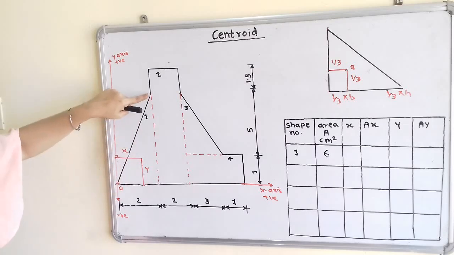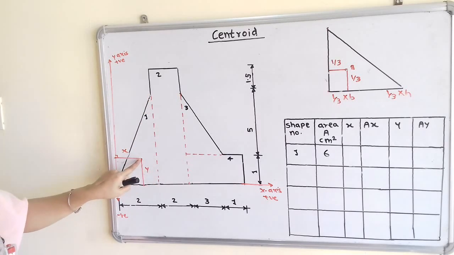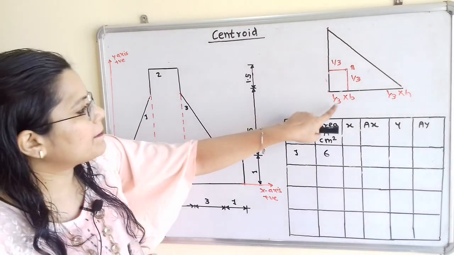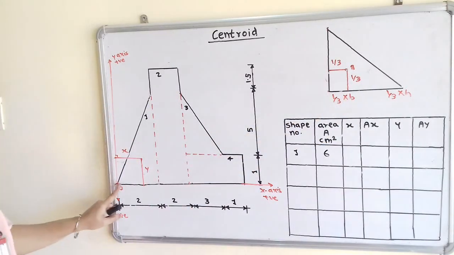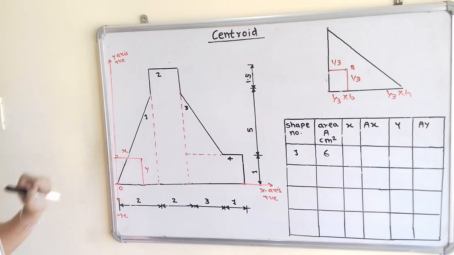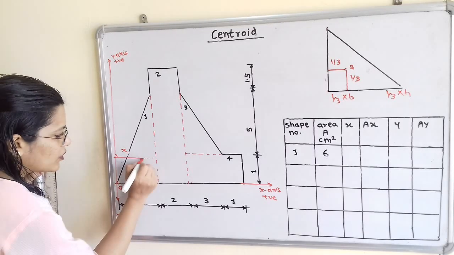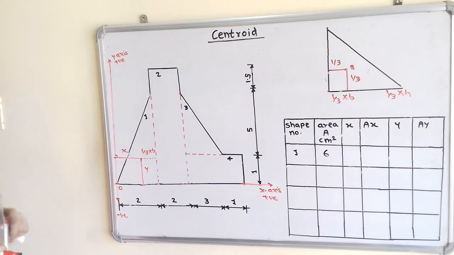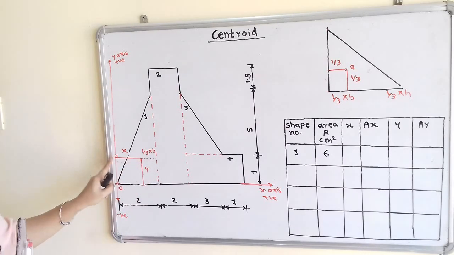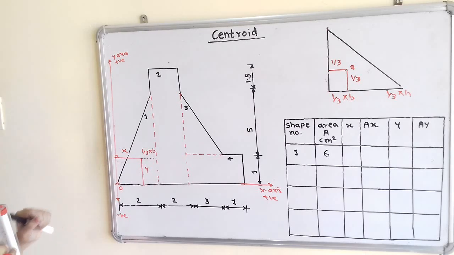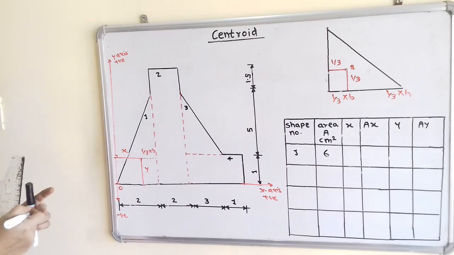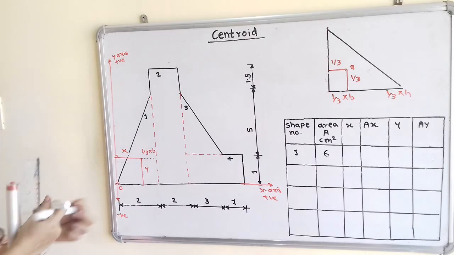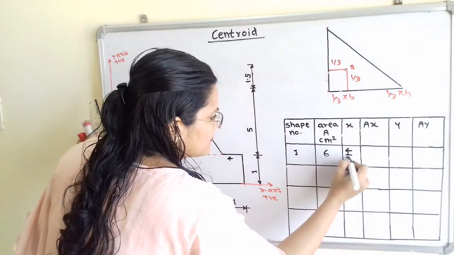If we observe, from this height the distance of G is equal to 1 by 3 multiplied by the length of the base, which I will draw with the help of a dotted line. But here the remaining length we have to select, and that is equal to 2 by 3 multiplied by base, that is 2 by 3 multiplied by 2, which is equal to 4 by 3. So value of x is 4 by 3.